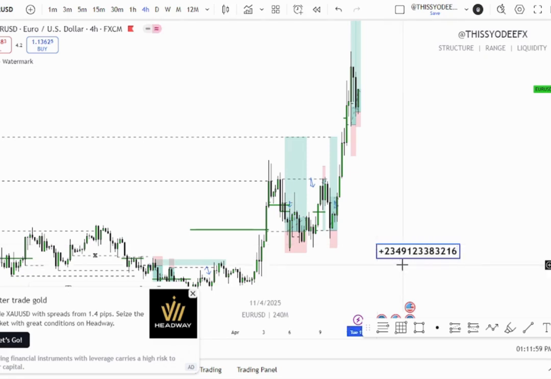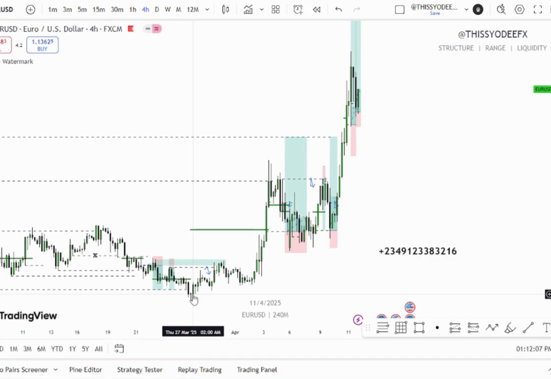You can submit to me on WhatsApp, where I can easily check the assignment. I want you to, on any pair of your choice, mark out the trend on the 4-hour time frame, mark out the retracements, and then on the lower time frame, just show me the retracements. It will help our visual aid.